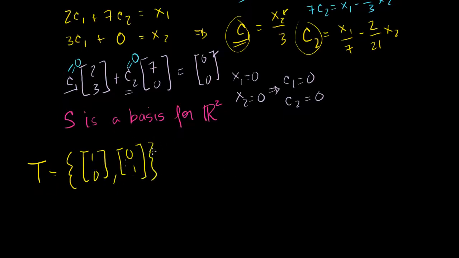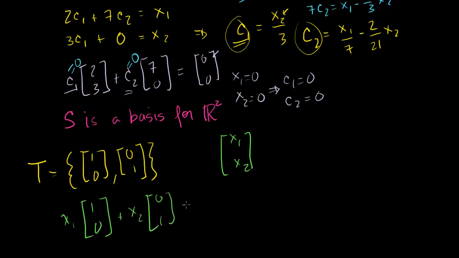Let's say I want to get to x1, x2. How can I construct that out of these two vectors? Well, if I always just do x1 times (1, 0) plus x2 times (0, 1), that'll always give me (x1, x2). So this definitely does span R2.